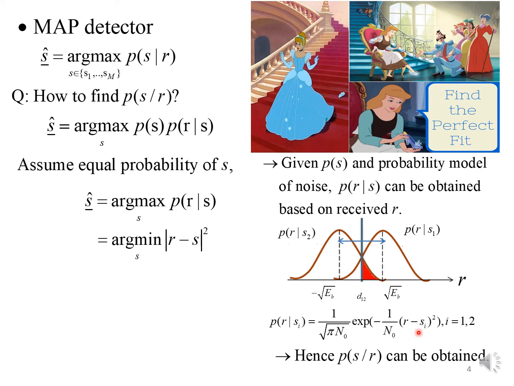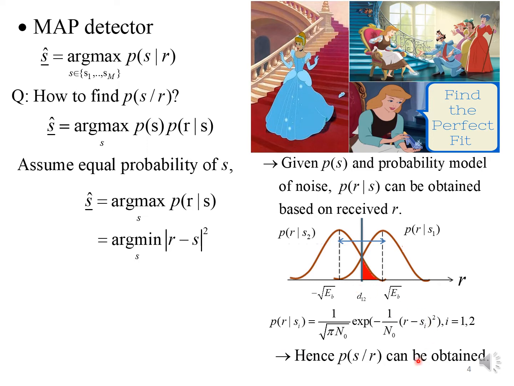The distance of R and Si would determine the maximum likelihood detection. So this ML detection is equivalent to the minimum distance detection if the Gaussian distribution noise model is provided.